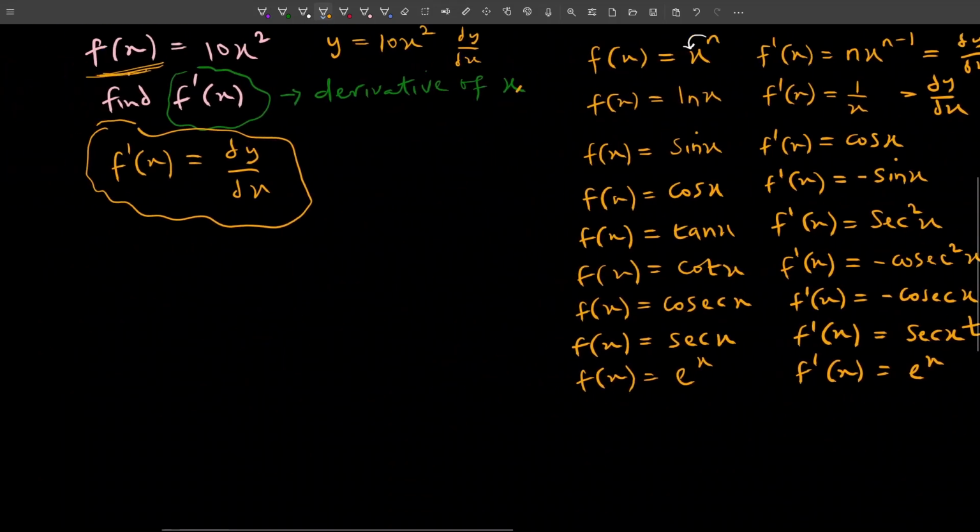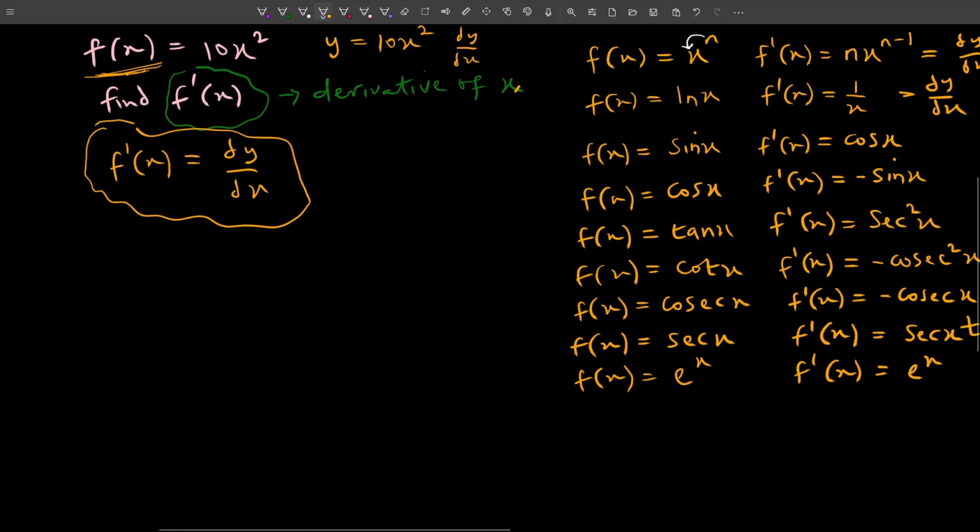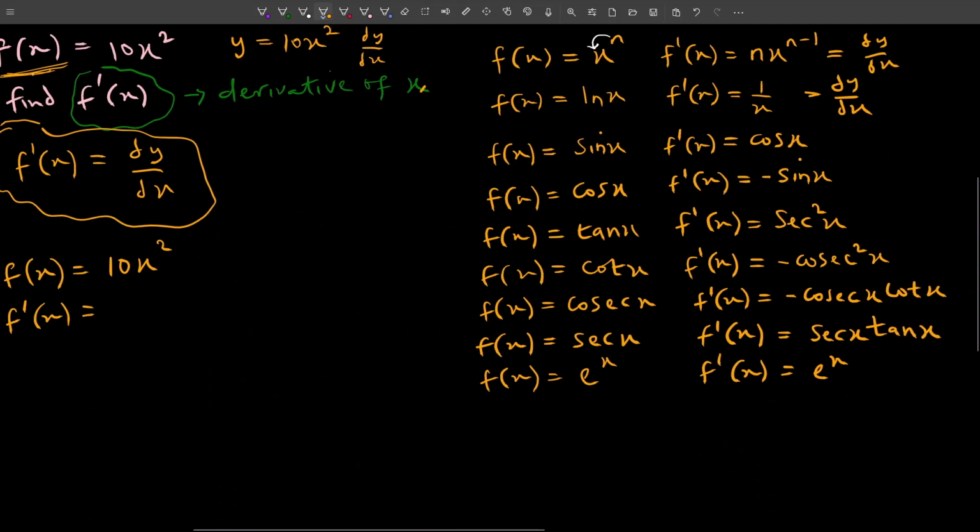So going back to the initial question. We're told that f as a function of x is tan x raised to 2. Find the derivative. Again, this looks like the first case scenario, where the power comes to the front and multiplies the entire expression. Let's do the same thing here.